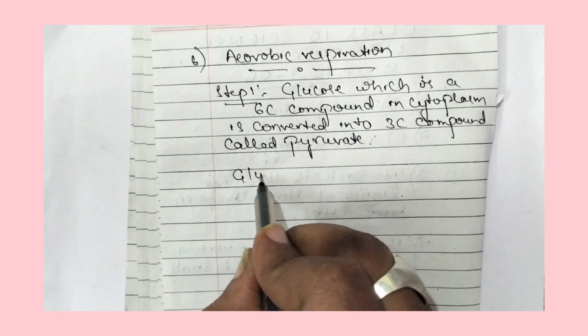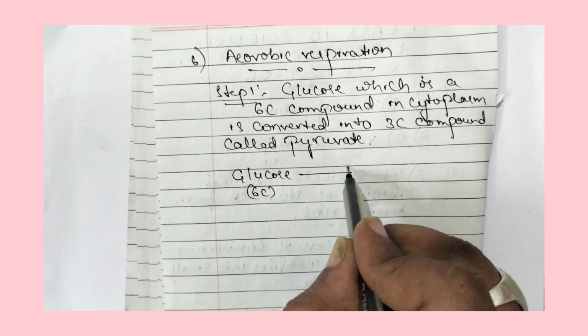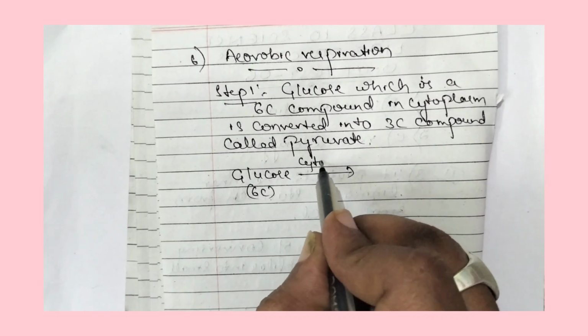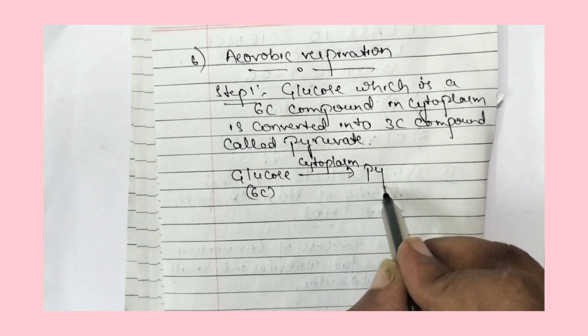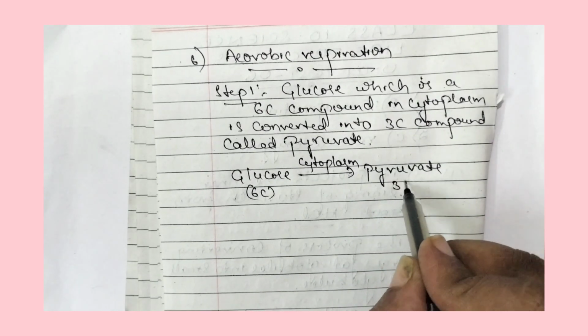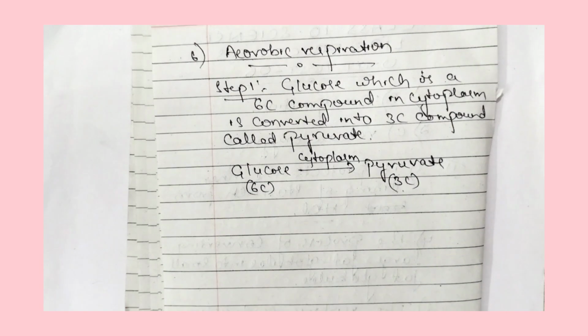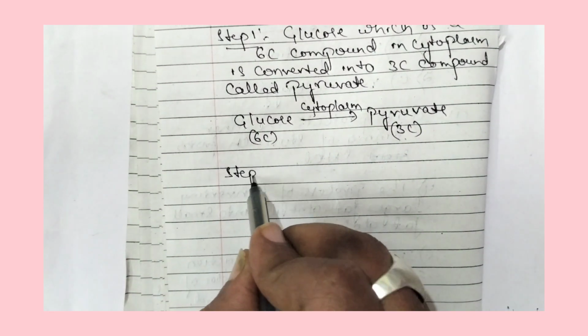So glucose, which is a 6 carbon compound in the cytoplasm of a cell, is converted into a 3-carbon compound called pyruvate. Next, step number 2.